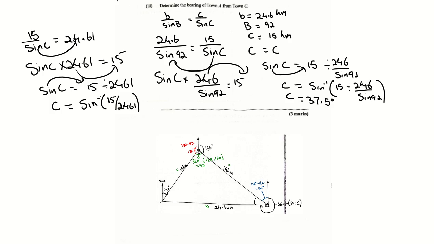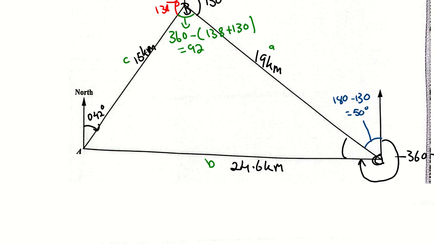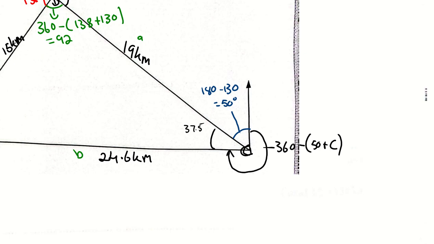Right, but that doesn't answer the question. Let's just zoom up underneath to see the diagram. Right, we know that this now here is 37.5. So this angle here, I already told you, it's 360 minus 50 plus that.